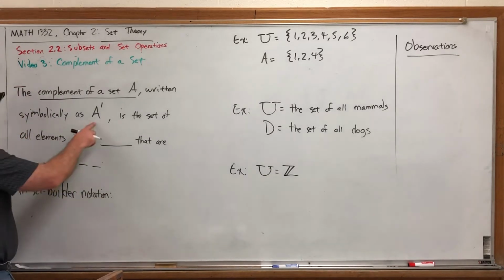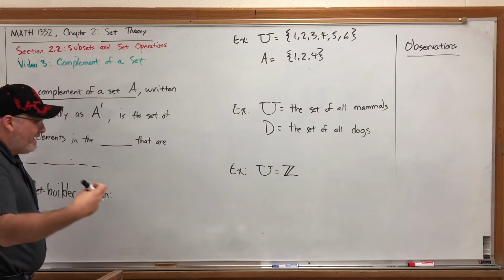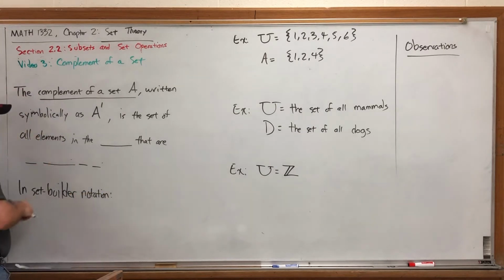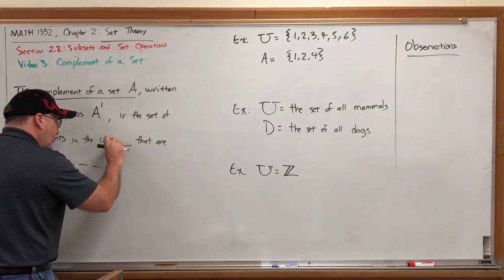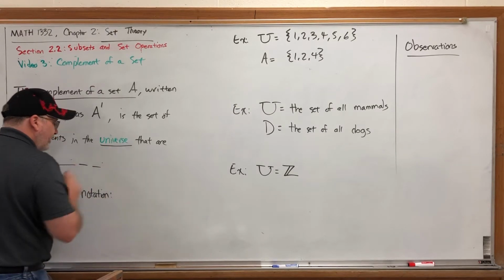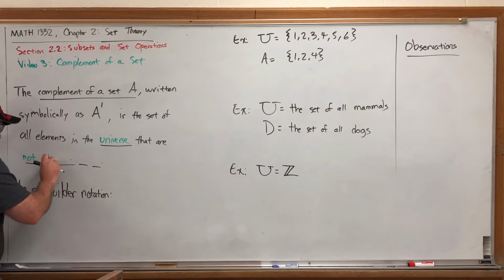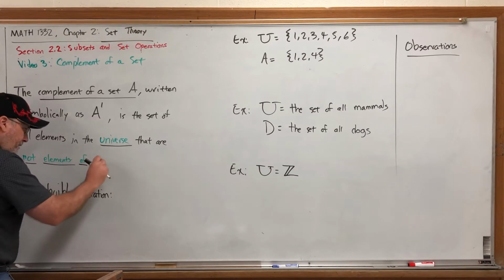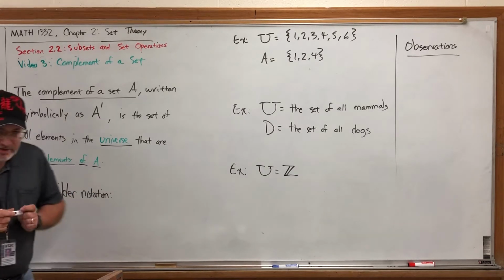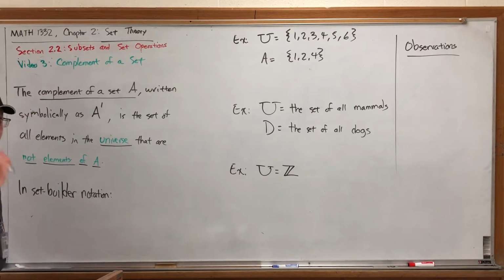Written symbolically as A with an apostrophe and read A complement, or complement of A, it is the set of all elements in the universe, so we have to have a universal set defined, that are not elements of A. Essentially, it's the set of all elements outside of a given set, but still within the universe.